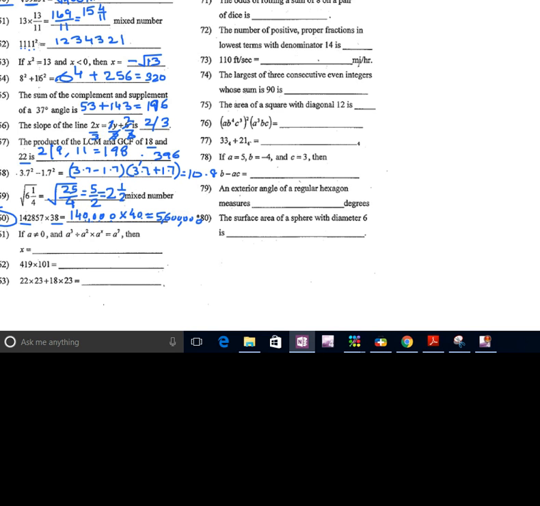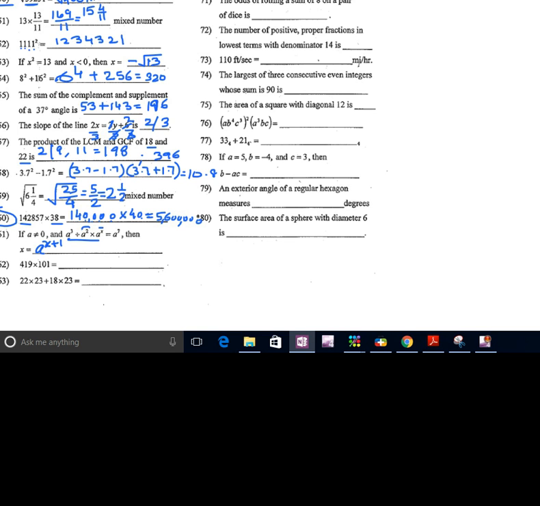If a is not equal to 0 and a cubed divided by a squared times a to the power x is a to the power 7, then what's the value of x? So clearly on the left side, what we have is a cubed divided by a squared, which is nothing but a. And a times a to the power x is nothing but a to the power x plus 1, because when bases are same, we add the powers.